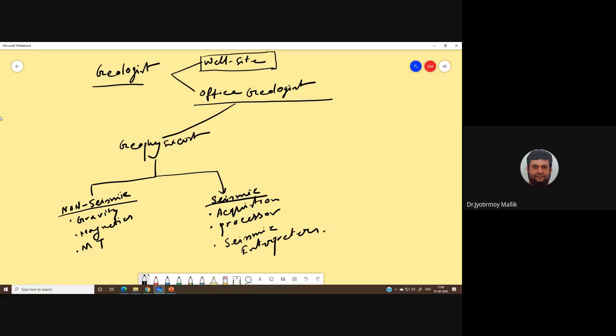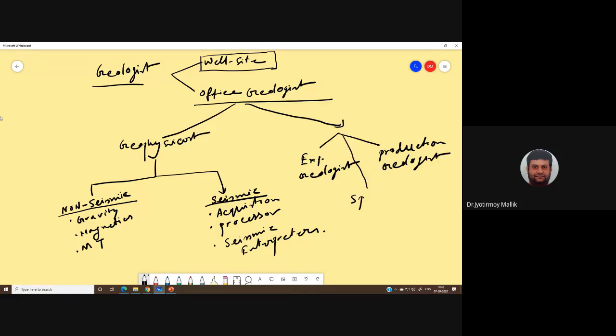And then, of course, you have exploration geologists, and then production geologists, and then you also have specialists.